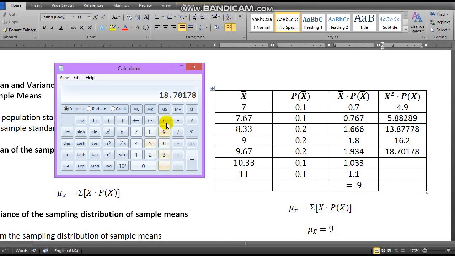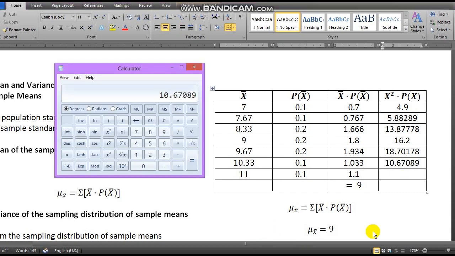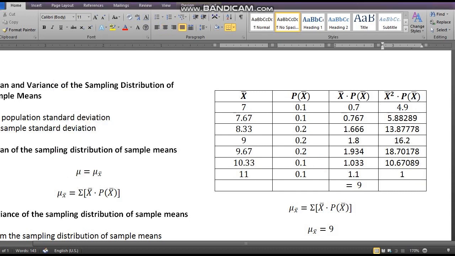Next we have 10.33 times 1.033, that's 10.67089. And lastly 11 times 1.1, 12.1.